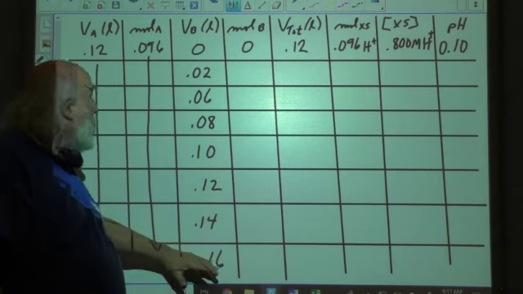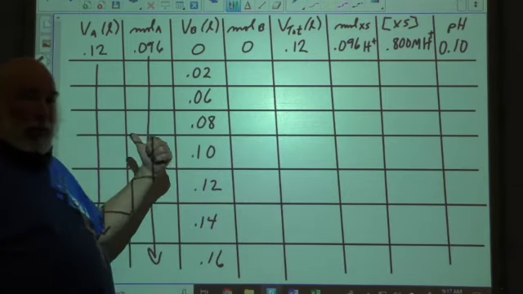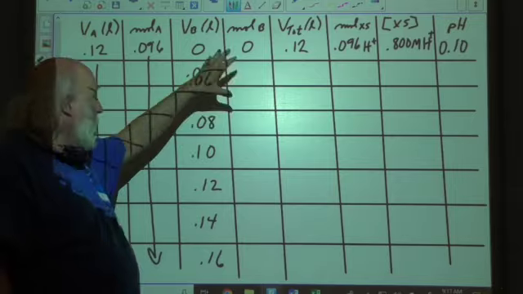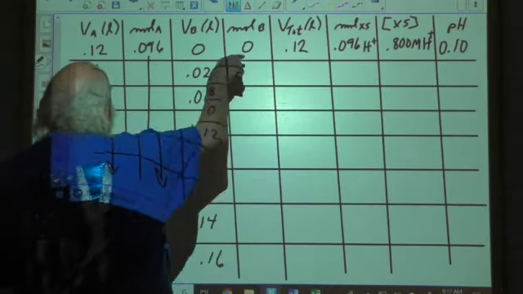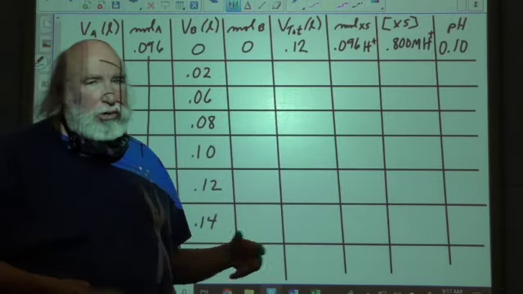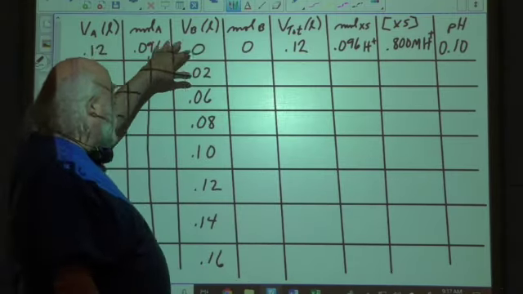Then this is the volume of the base based upon what the example gave us. And then we're going to calculate the moles and fill in the rest of the blanks here. Now, the first row is not truly a titration because we haven't added anything to it. But in theory, this is what it's going to look like as you go through all these columns. You have your moles of base that you can put here.